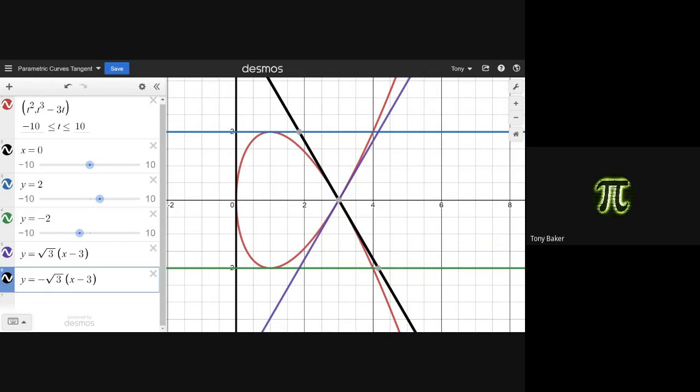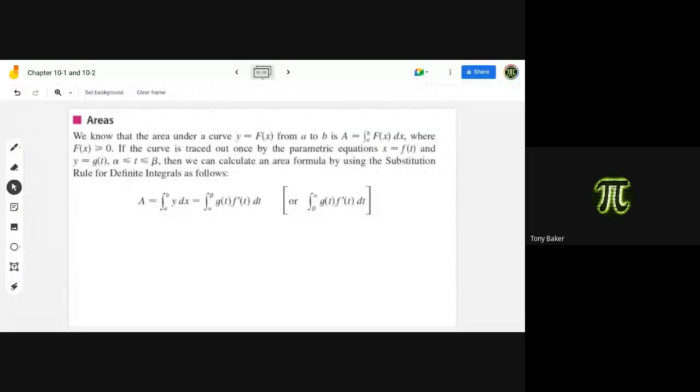So here is your integral for area under the curve. Now remember, we're still dealing with basically almost a variable inside of a variable. So we're still kind of looking at that chain rule, use substitution type setup.